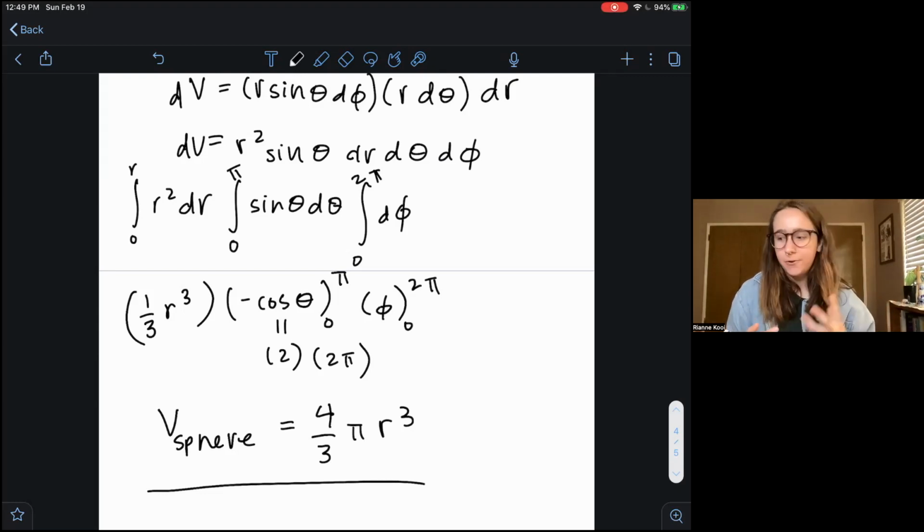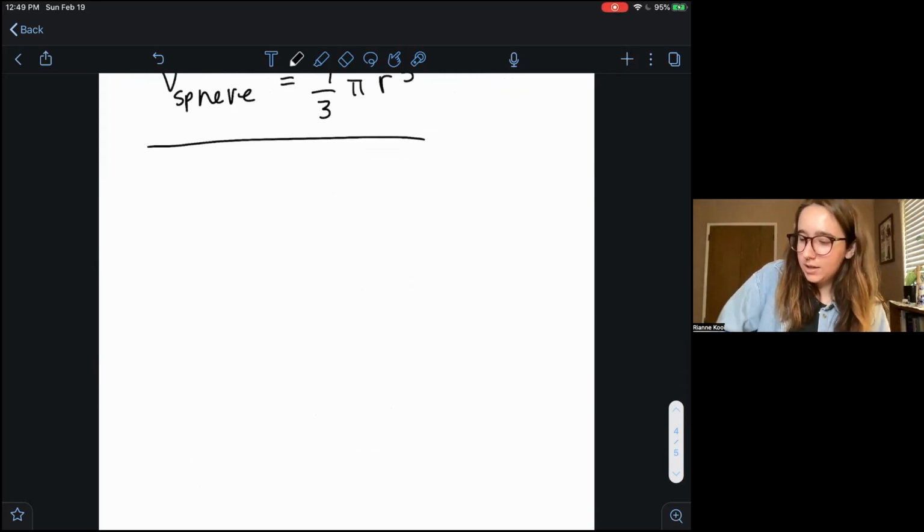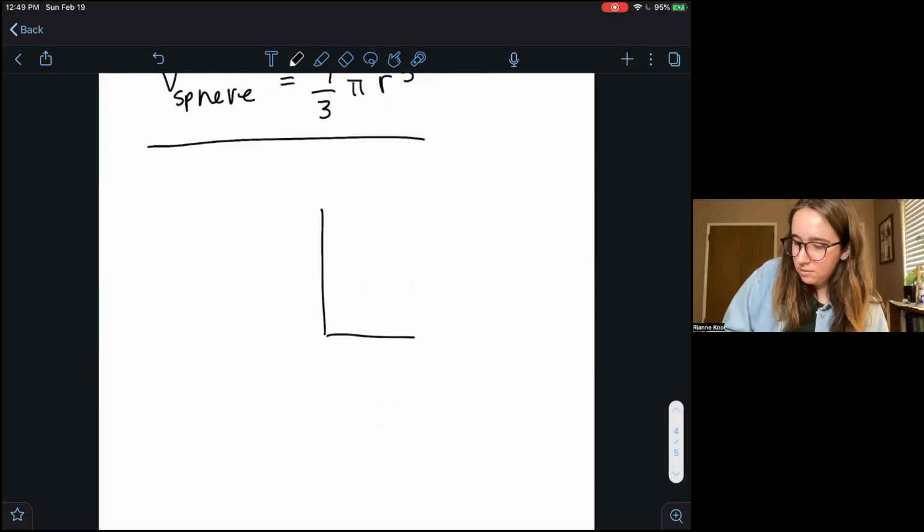So I hope this was helpful. If you want a challenge problem, you can try and do this with cylindrical coordinates. So instead of having our theta term, we just have a z term instead. So what that would look like is something like this.